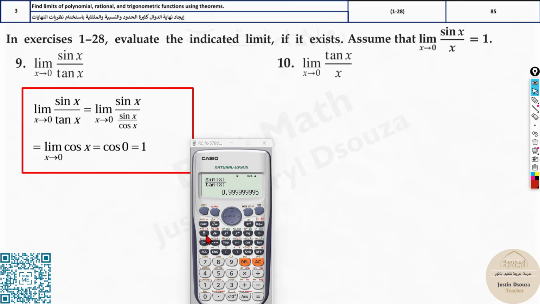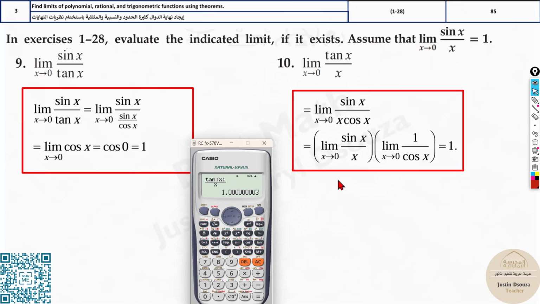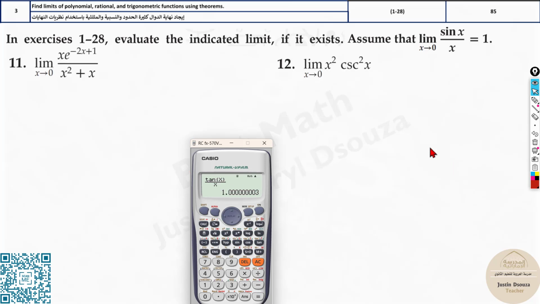But in both the cases, the answer is 1 here. Now what about the right one? It's tan x divided by x, and same thing calculated at 0.001, and it's 1 over here, calculated at minus 0.001. Even if you don't write 0 point, it's fine. 0.001 is the same thing, it's 1 itself. So the answer is 1.